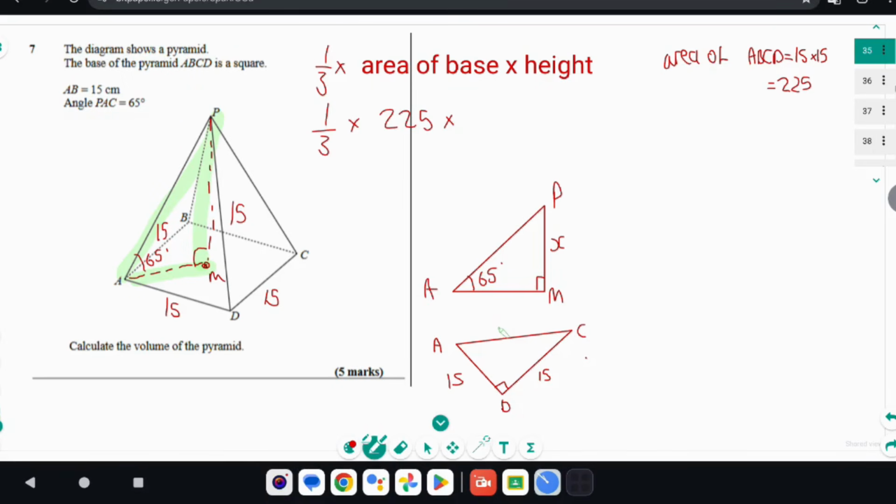Pythagoras, let's call that Y. That's our hypotenuse, AB, A squared plus B squared equals C squared. We're looking for the hypotenuse, so it's the square root of A squared plus B squared. 21.2.